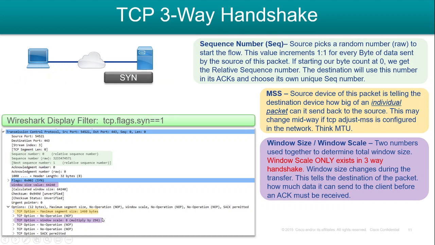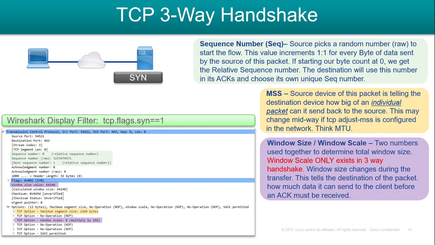This made it where now the endpoints could use a much larger window size than the default 64K that was first introduced when TCP first came out. Today, this value can actually go up, I believe, into either hundreds of gigs or maybe even terabits, to the point where now it'll be future proof for many years to come and won't arbitrarily limit packet transfer speeds. And we'll talk about how that works a little bit later on in the presentation, but that was just a brief history lesson on window size and window scale.